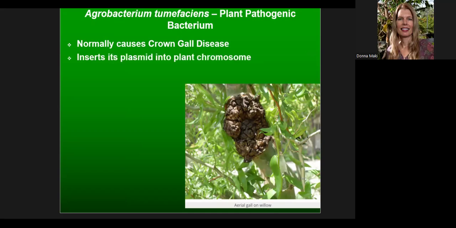Basically it's causing this local overgrowth that looks like a tumor because it has a plasmid that has genes that code for the auxin and cytokinin type hormones. That allows for cell division and cell growth, but you don't get any differentiation at all. And so they call it a gall or a tumor.